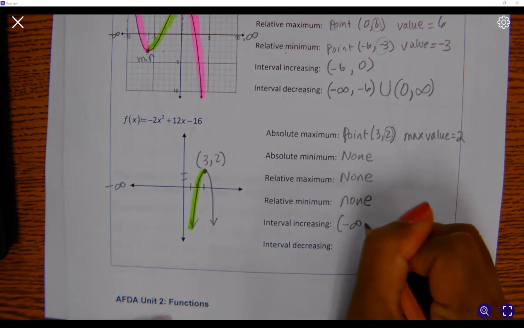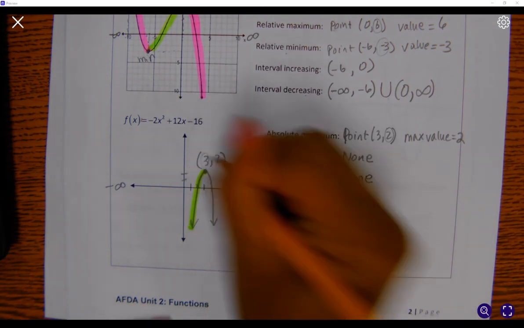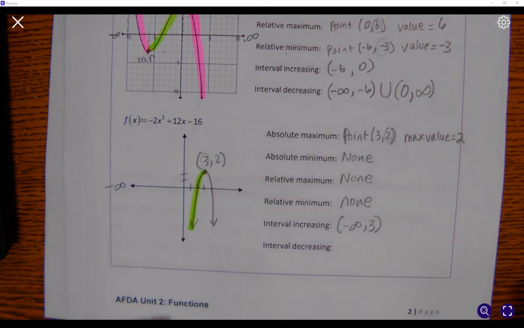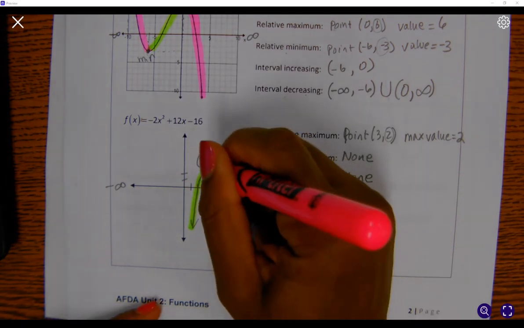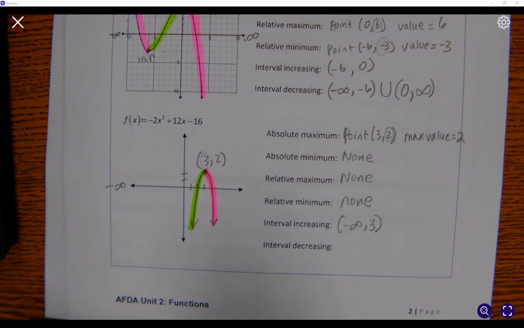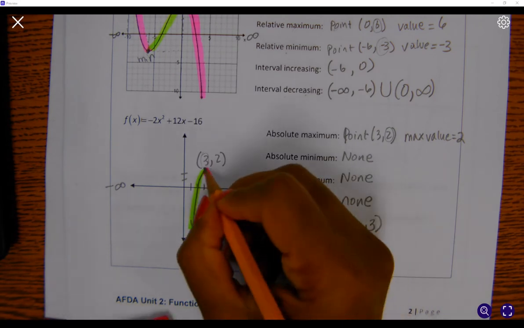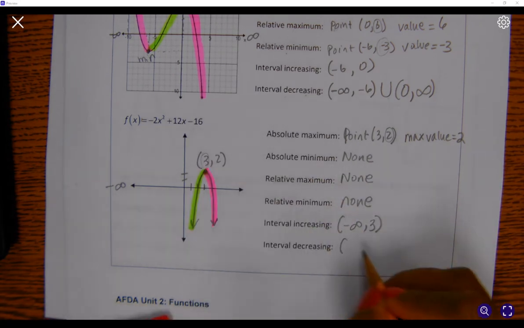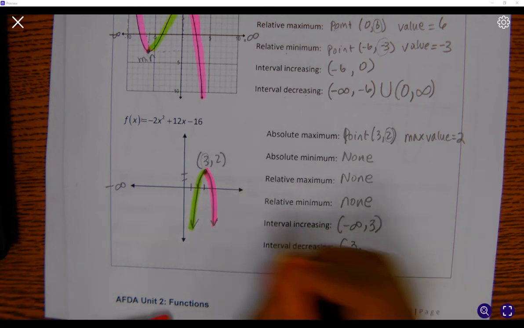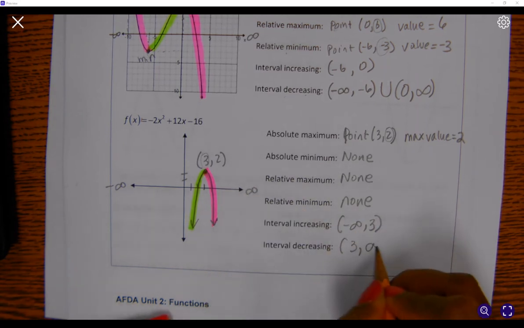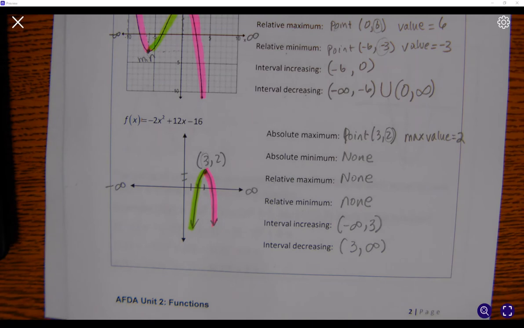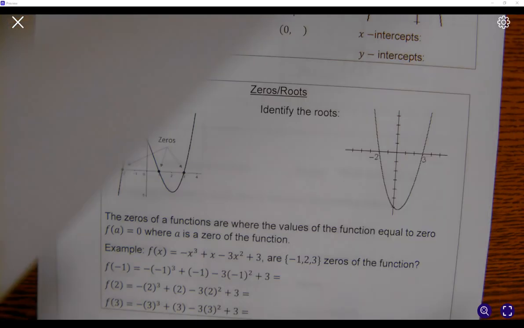So from negative infinity until x equals 3, it's increasing. And then at this critical point right here, it changes and it starts decreasing. So it's decreasing from x equals 3 until positive infinity on the x-axis. Okay? So that's the second thing right there, and we're going to do a lot of practice.